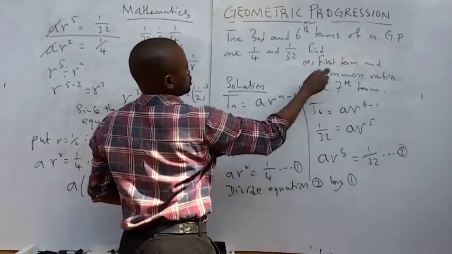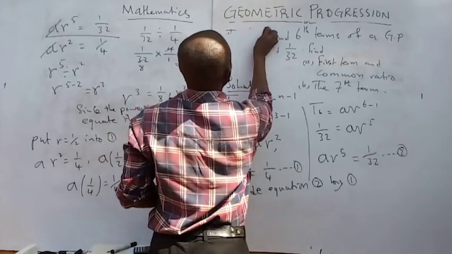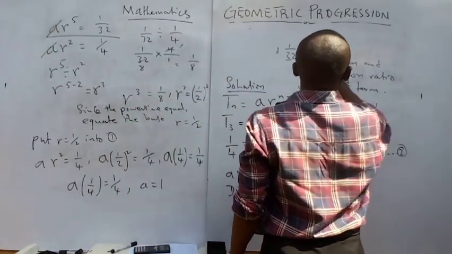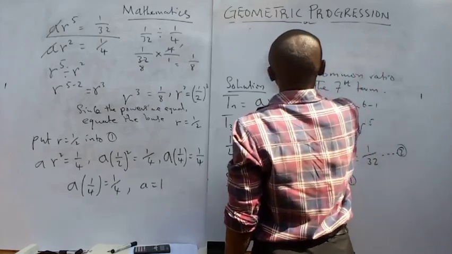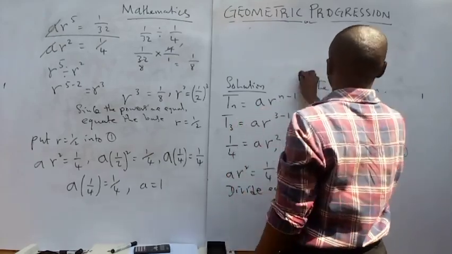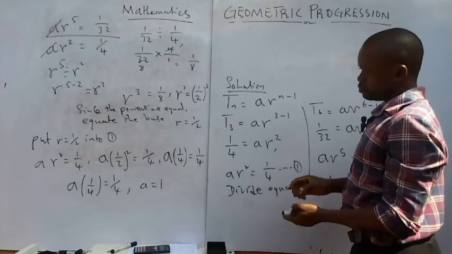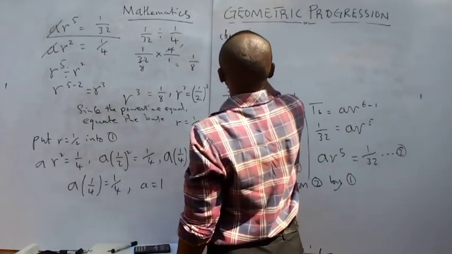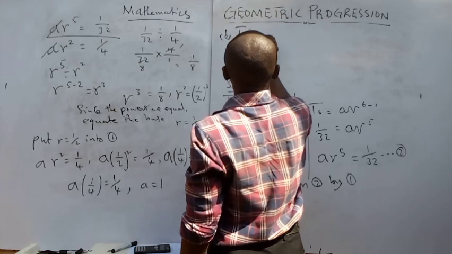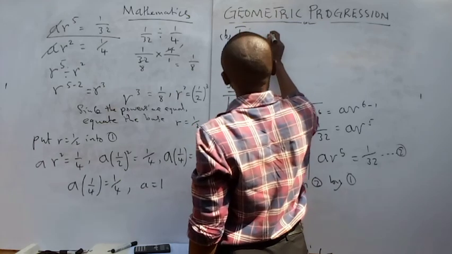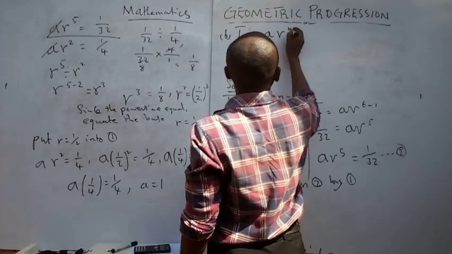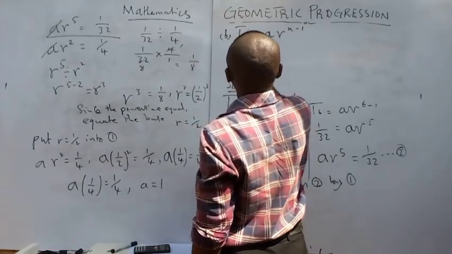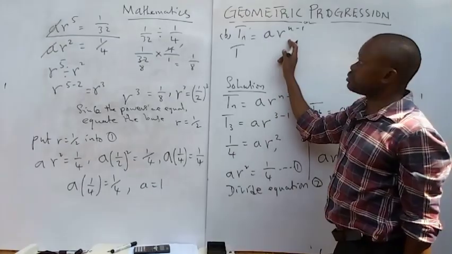We can find this one that says find the 7th term. You're looking at what I did, so that you can digest it very well. Find the 7th term. So the 7th term, T7, from a r raised to power n minus 1, which is a r raised to power n minus 1.